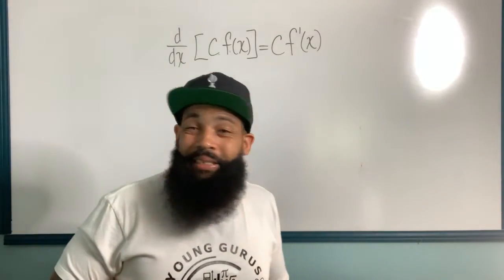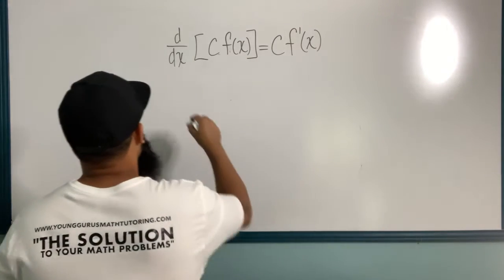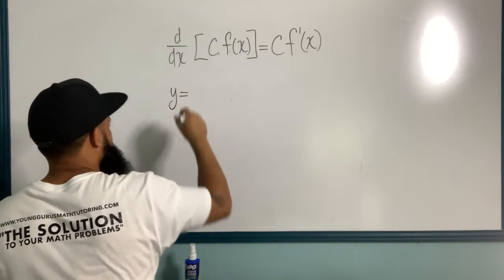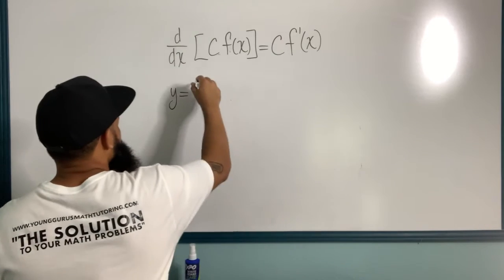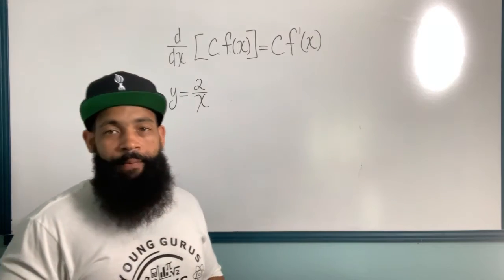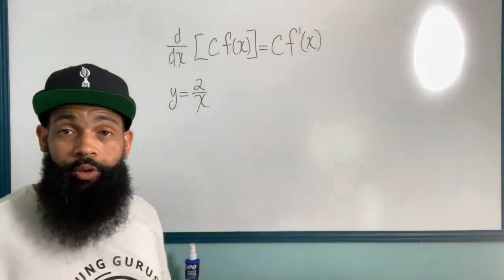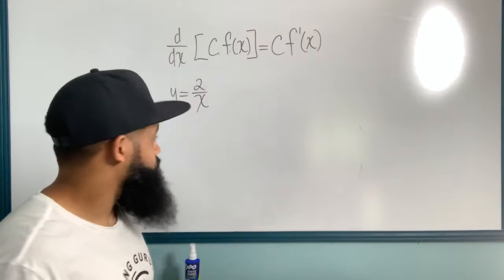You want to see it in an example, so I'm going to give it to you. Example 1. Let's say I want to find the derivative of y equals 2 over x. We'll start simple, okay? So I have the function y equals 2 over x. Now, the first thing I want to do is rewrite this in exponent form.